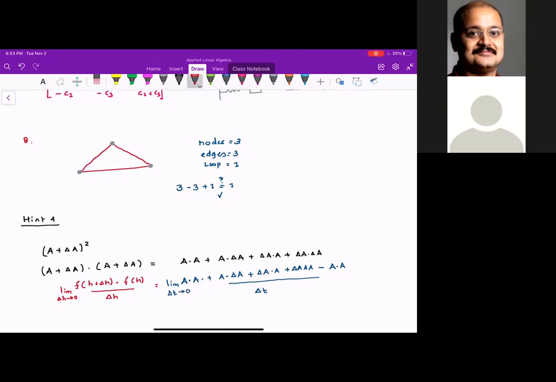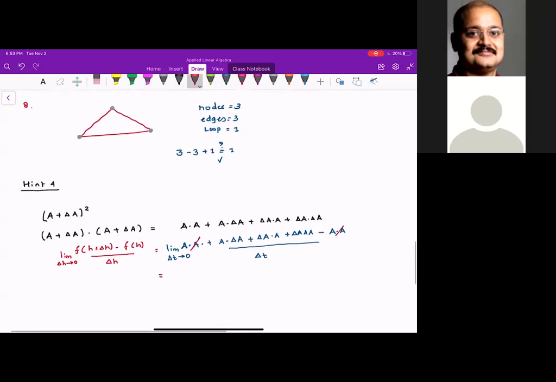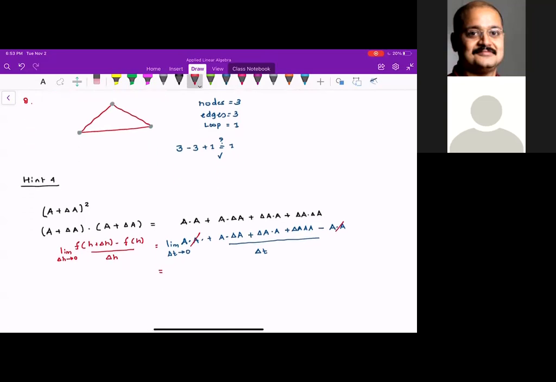Now this term can get cancelled with this term. Do you agree with me? Now the next part is you have delta A multiplied by delta A, which is a very small quantity, so this is close to 0 and goes away.